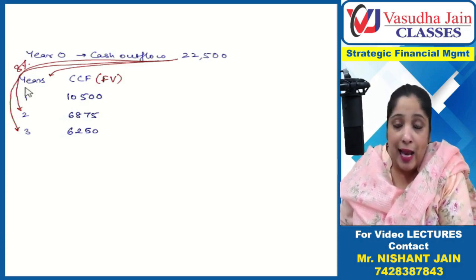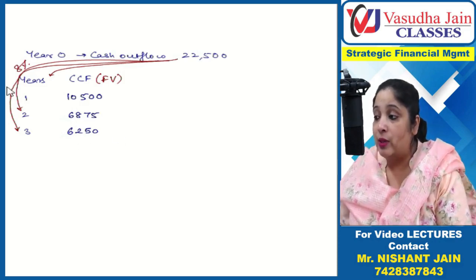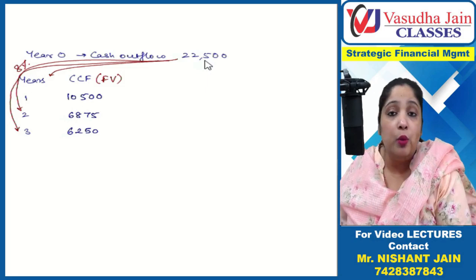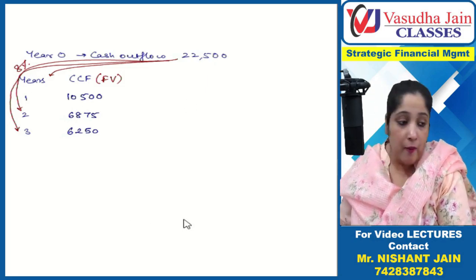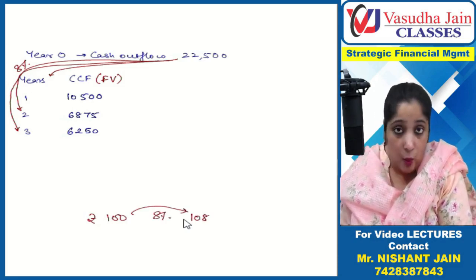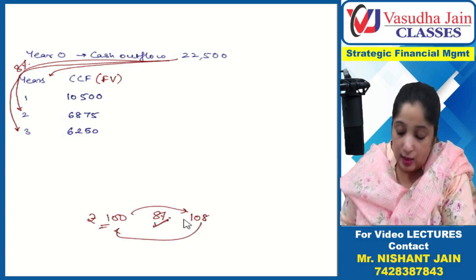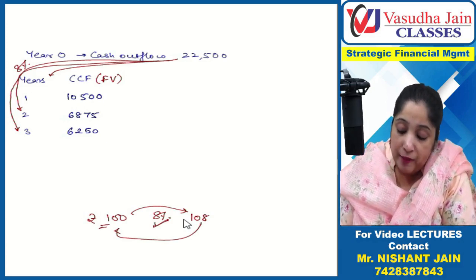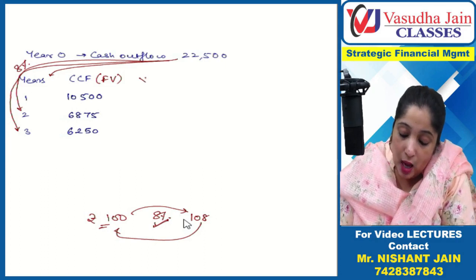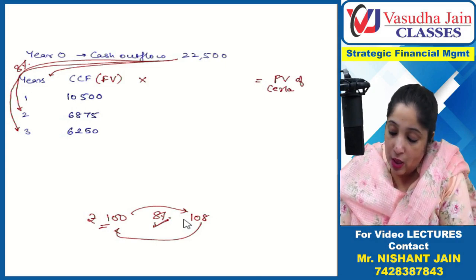If they are, then discounting them at 8% should come equal to 22,500. Why, ma'am? Very simple. If rupees 100 is compounding at the rate of 8%, it becomes 108 after 1 year. So if I discount 108 rupees at the rate of 8%, it should be equal to 100 rupees, right? So let me find out the present value of these figures. How do we find present value of certain cash flows?